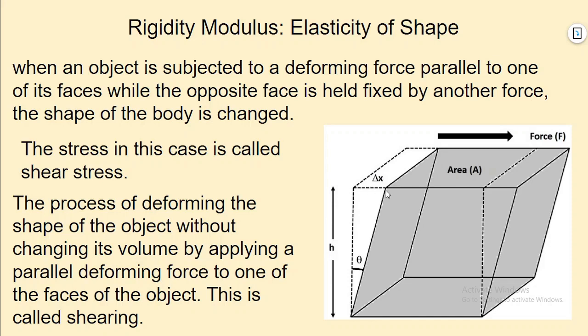The top surface has a displacement delta x from left to right, and the rectangular shape will become a parallelogram. Let us find the corresponding stress, strain and modulus of elasticity.